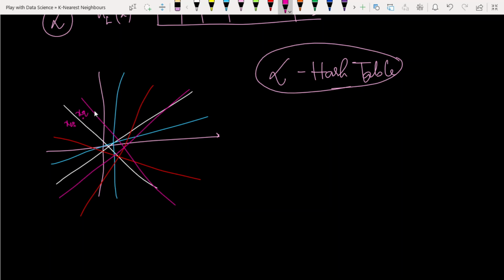Take the white partitions: xq and x20 do not lie on the same chunk. But if you take the red partitions, then xq and x20 will lie on the same chunk.